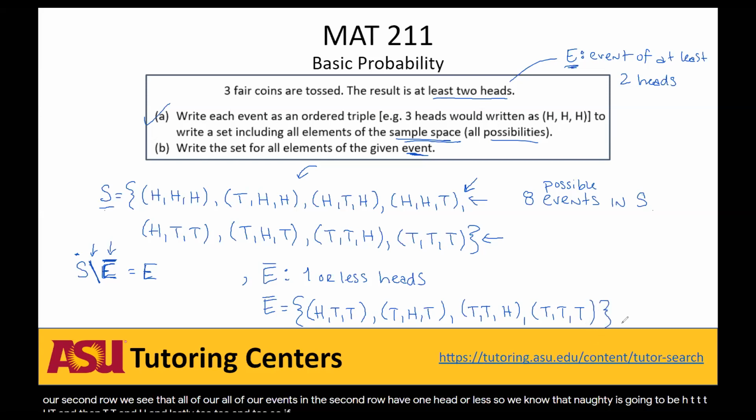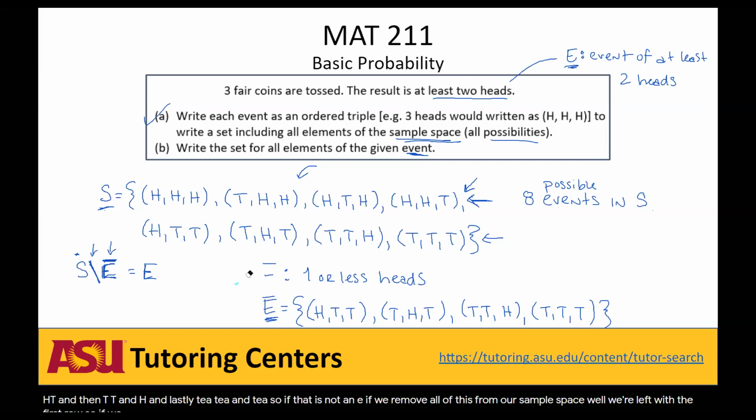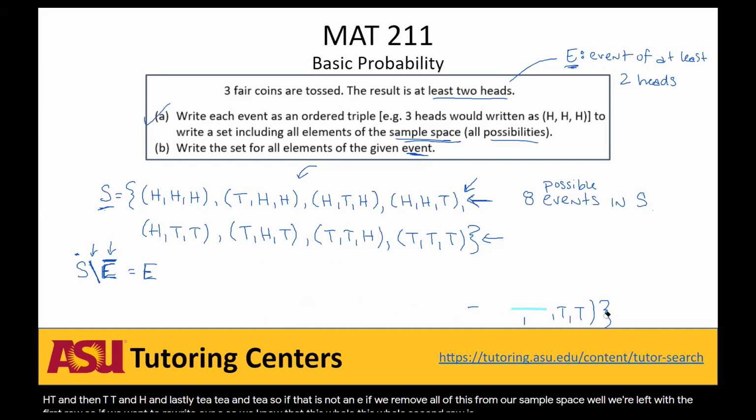So if that is not E, if we remove all of this from our sample space, we're left with the first row. So if we want to rewrite our E, we know that this whole second row is our not E. So let's just erase that because we already know that.